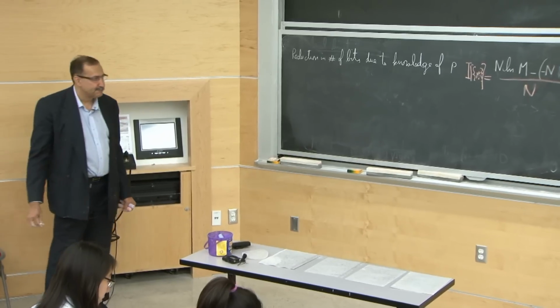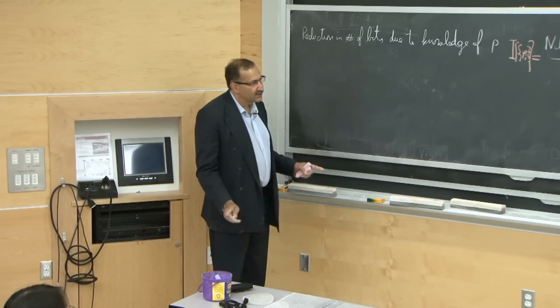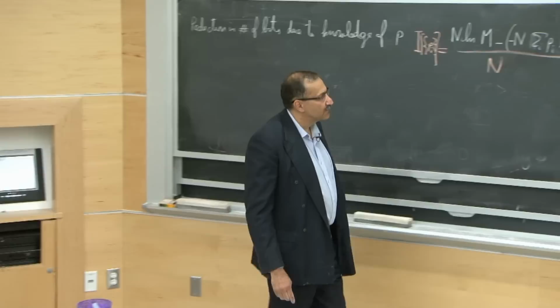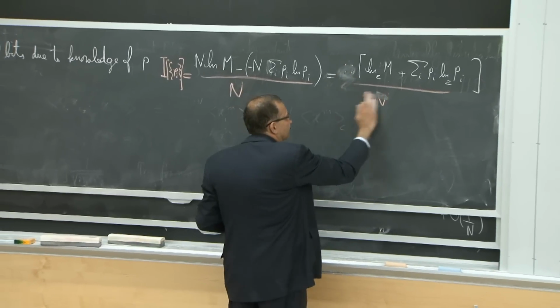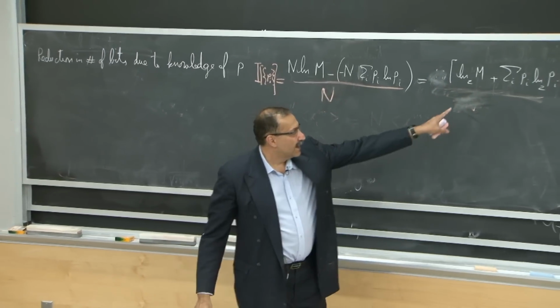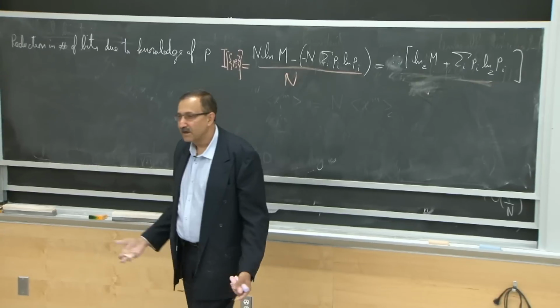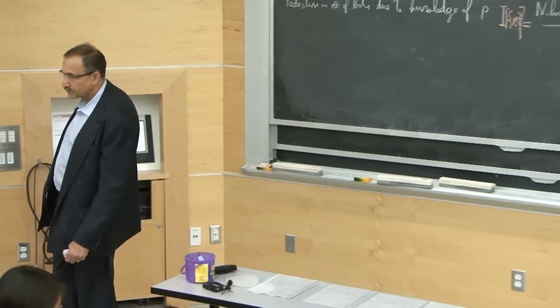Okay. So up to a sign and this additional factor of n, because I can actually get rid of this n, the entropy and the information are really the same thing up to a sign.